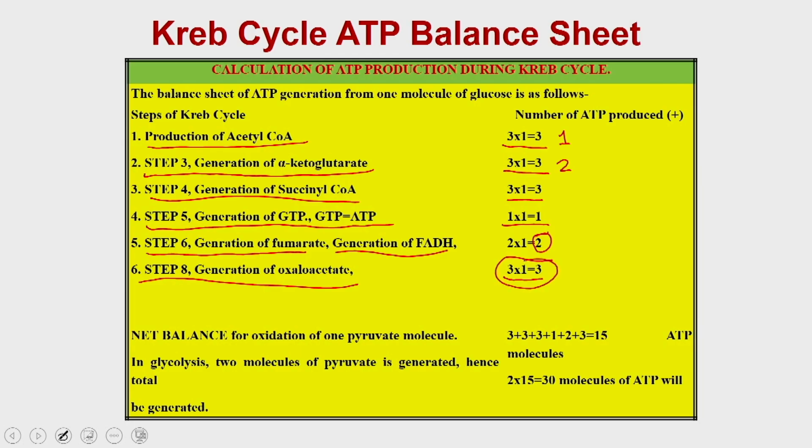So, let us see what is the net balance. The net balance of one molecule of pyruvate, when it goes into oxidation, is 15 ATP molecules, and in glycolysis you have generated 2 molecules of pyruvate.